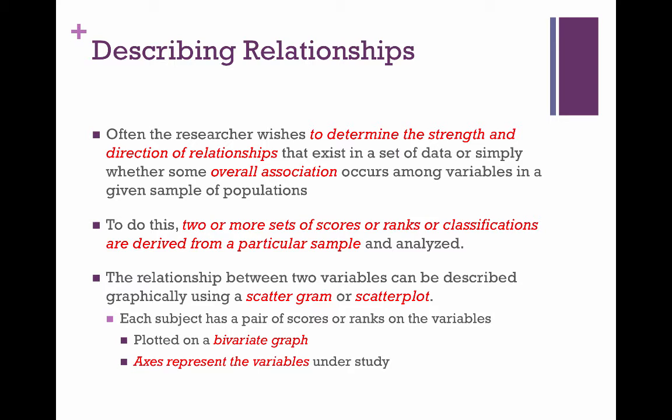We spoke about this a little bit before the midterm when we were talking about correlations. So the overall association among variables in a given sample. To do this, two or more sets of scores or ranks or classifications are derived from a particular sample and then analyzed. The relationship between the two variables can be described graphically using a scattergram or a scatter plot.